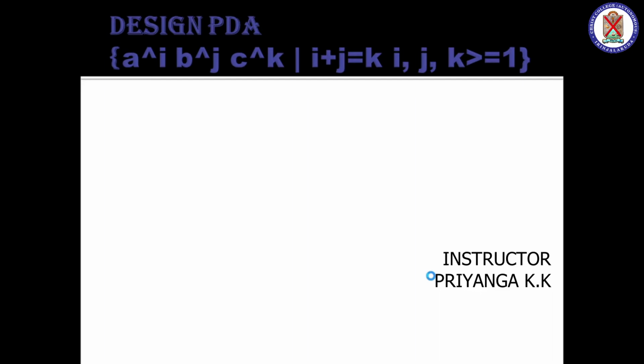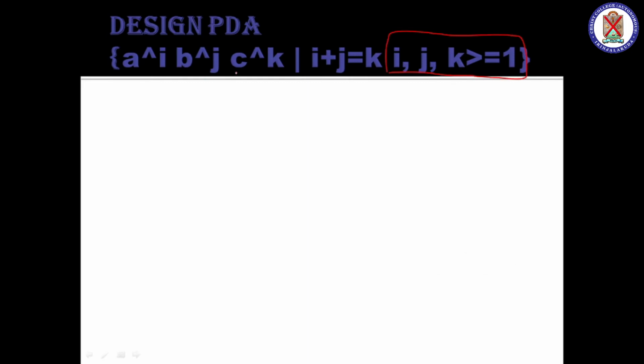This is our fifth example, that is a raised to i, b raised to j, c raised to k, and i plus j is equal to k, and i, j, k greater than or equal to 1. What do you mean by this? i, j, k greater than or equal to 1 means at least one occurrence of a, b and c is being demanded, isn't it? i, j greater than or equal to 1 means this i must be 1 or more than 1.